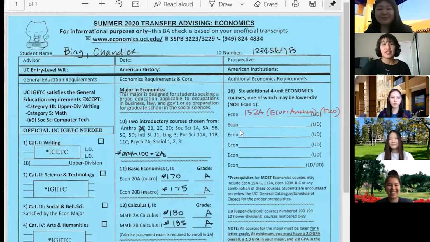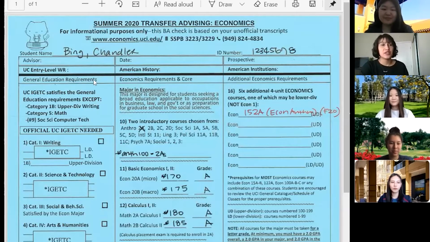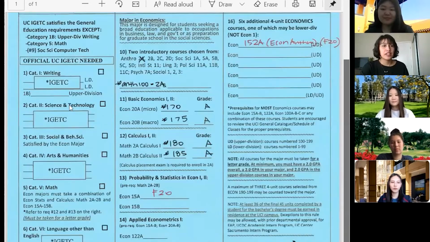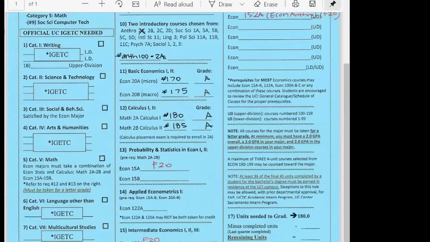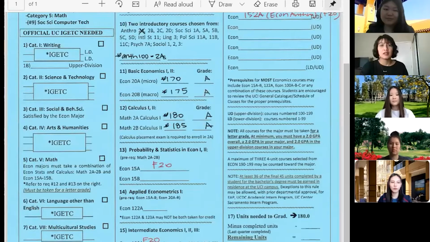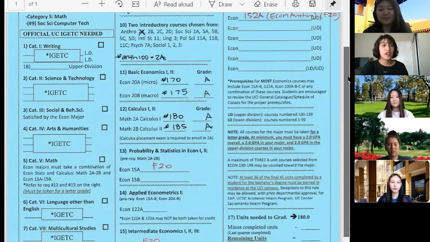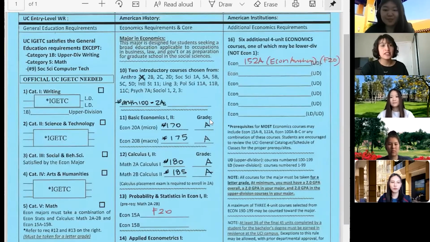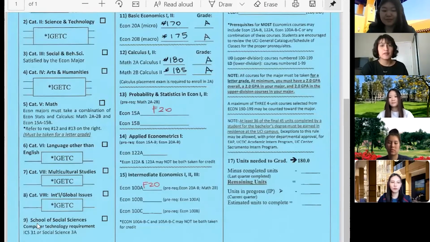Okay, so in the first column where it says general education requirements, wherever there's an IGETC box, for example right here and right here, that just means that your IGETC certification covers those requirements. However, the IGETC does not cover the requirements for the upper division writing requirement and the social science computer technology requirement.